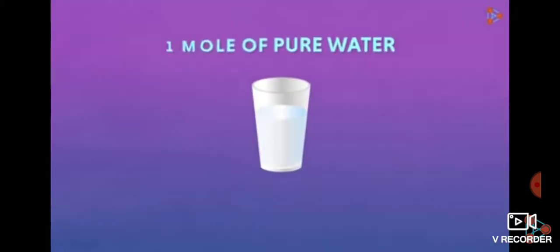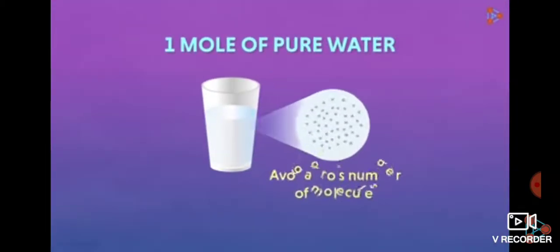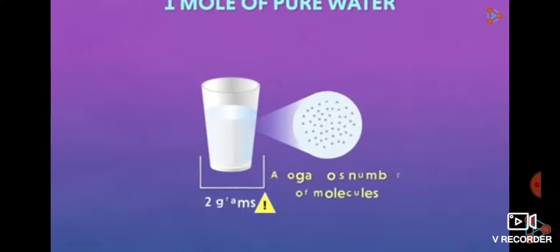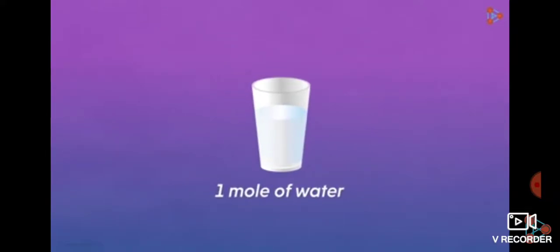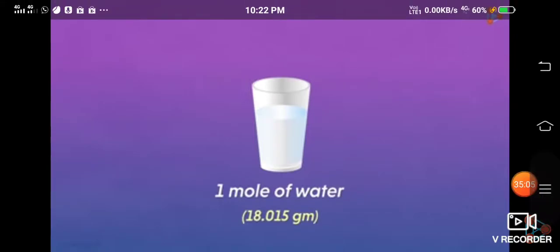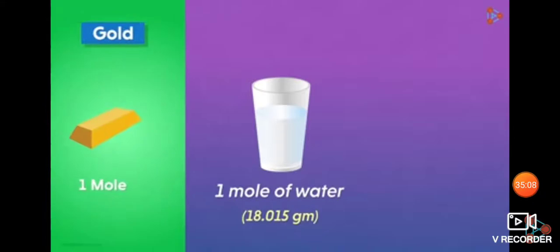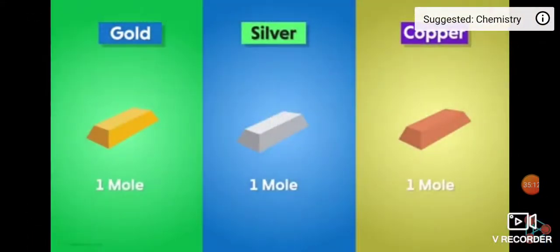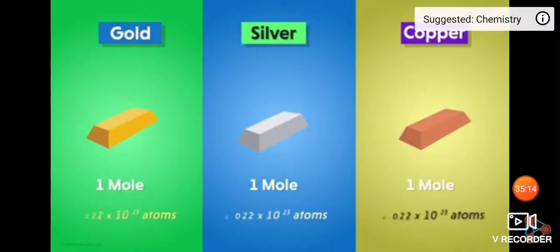Similarly, 1 mole of water will have the Avogadro's number of molecules, but it will not weigh 12 grams. So if we take 1 mole of water and find its mass, we get the answer as 18.015 grams of water. And I'm sure you know why. For the sake of comparison, if we take 1 mole of gold, 1 mole of silver, and 1 mole of copper, then all of them will have the same number of atoms in them.